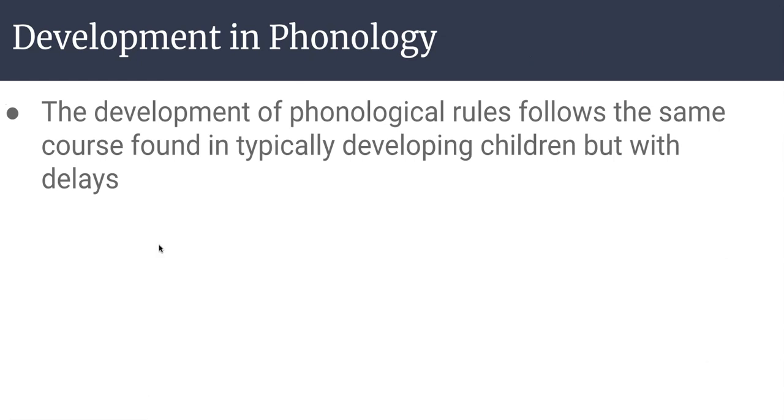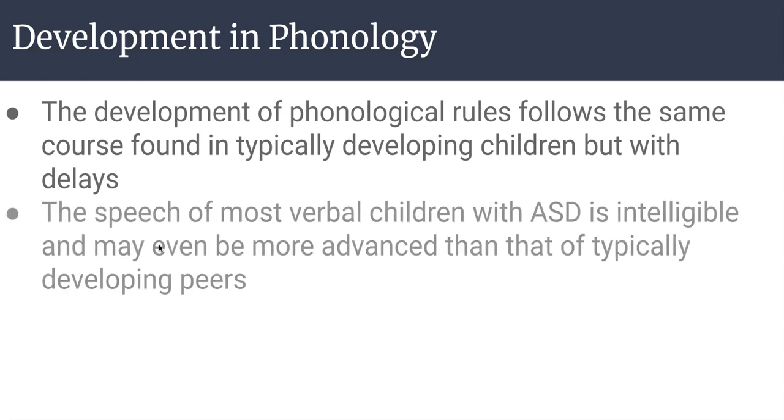Development in phonology. The development of phonological rules follows the same course found in typically developing children, but with delays, right? So a lot of times when the speech comes, it's going to be pretty intelligible and might be more advanced than that of their typically developing peers. So they're going to wait.